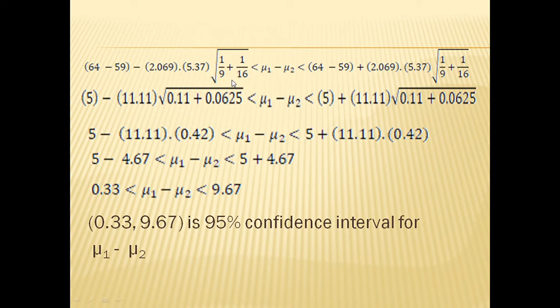Again I have put all the values in the formula and solved the question step by step, and the final answer we got is 0.33 to 9.67. So 0.33 and 9.67 is the 95% confidence interval for mu1 minus mu2. So this is all for today. Thank you.